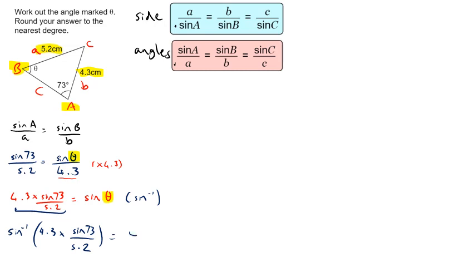So that was a horrible theta. Let me draw that again. Equals theta. And so now I put all of the left-hand side into my calculator in one go. When I put that into my calculator, I get this.